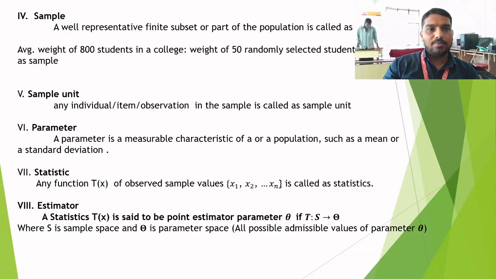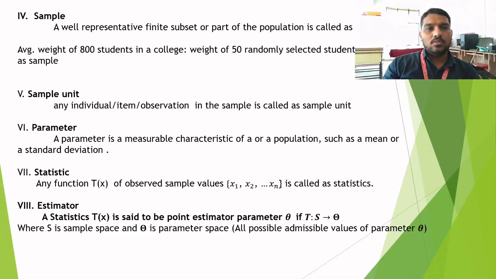Next, parameter. A parameter is a measurable characteristic of a population, such as mean or standard deviation.